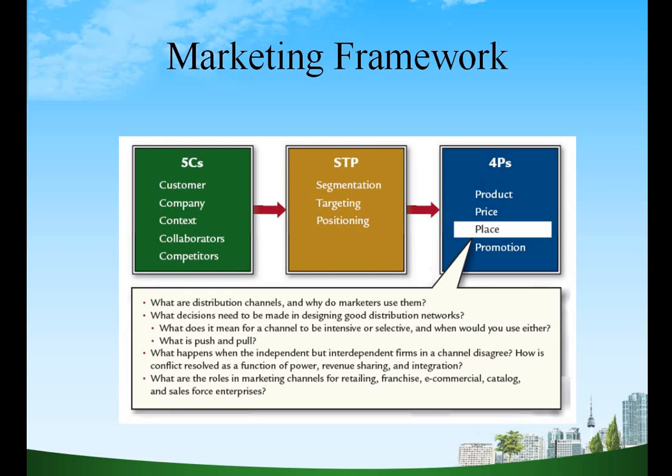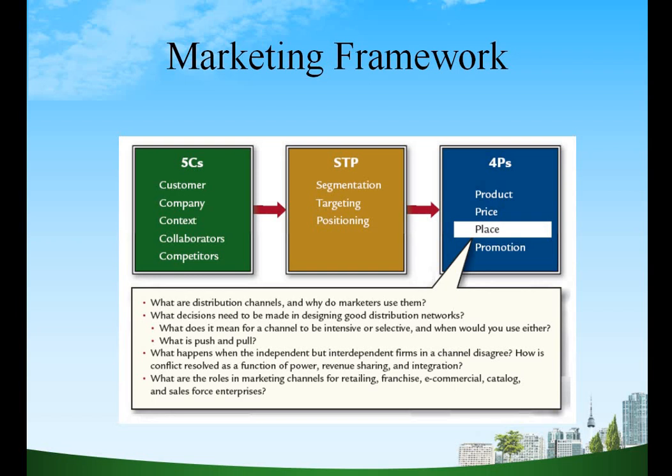The marketing framework comprises a three-stage model wherein the first stage comprises the 5 C's, the second stage comprises the STP process, and the final stage comprises the 4 P's of marketing. The first, the 5 C's, mean customer, company, context, collaborators, and competitors.